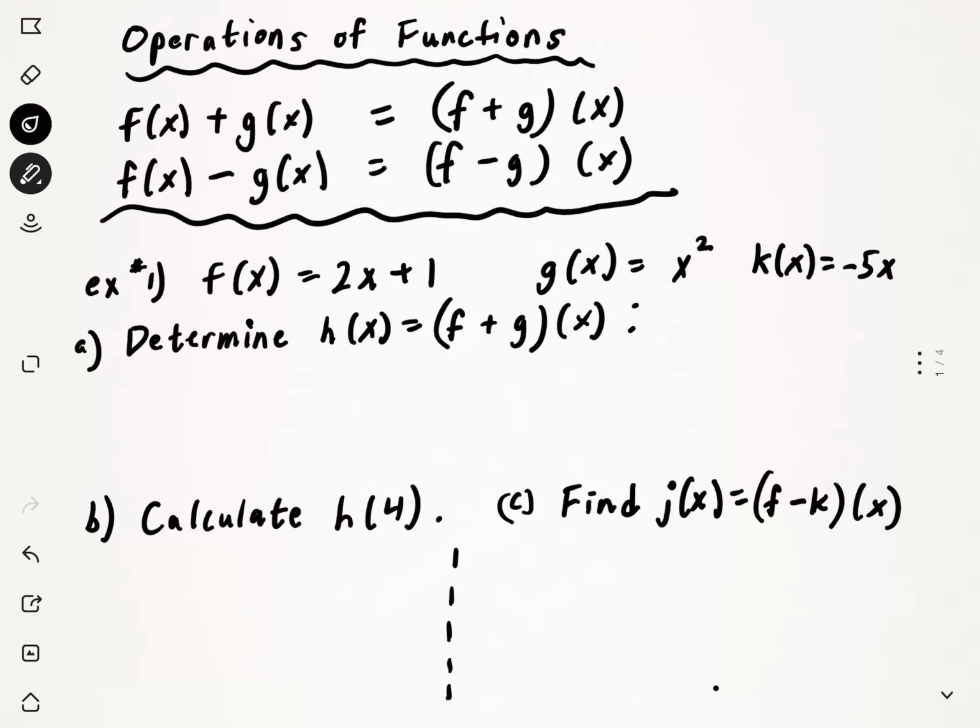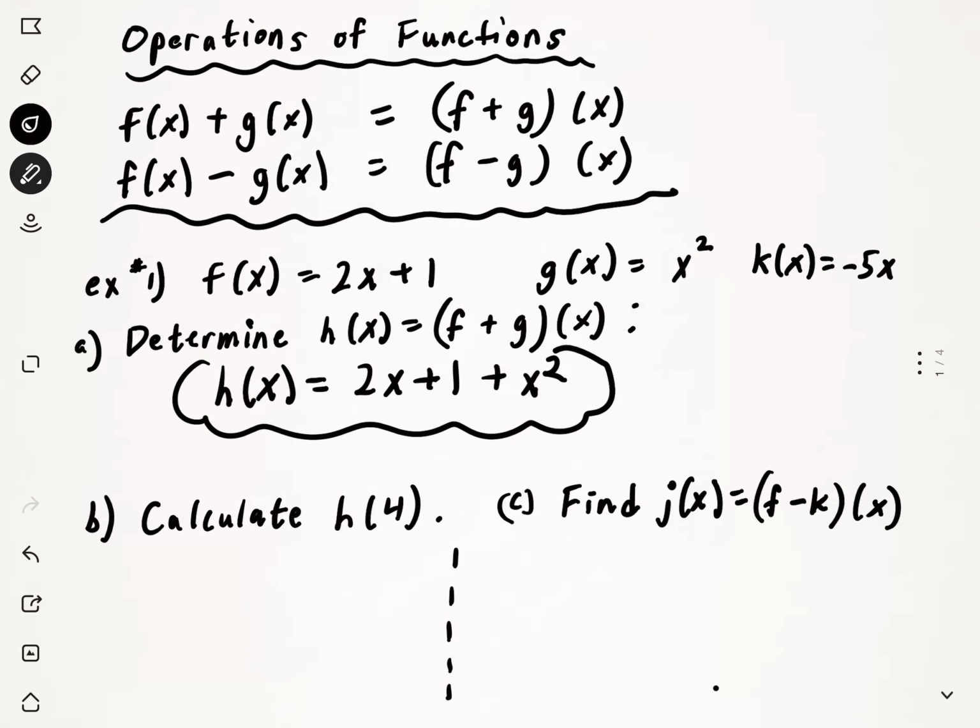So in question 1a, you are asked to determine a new function, h of x, which is adding f and g together. So let's take a look at this. Okay, we can add f and g together somewhat. I can take 2x plus 1 and add it to x squared, but at this point, that's about all I can do. The only thing I can suggest to really do here is you could possibly put it in descending order.